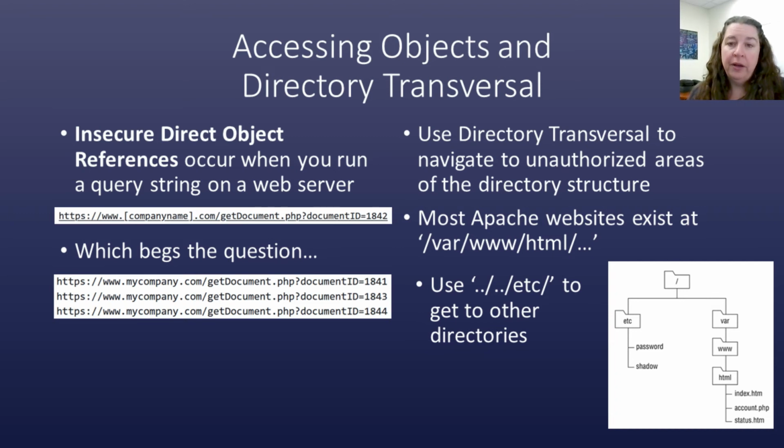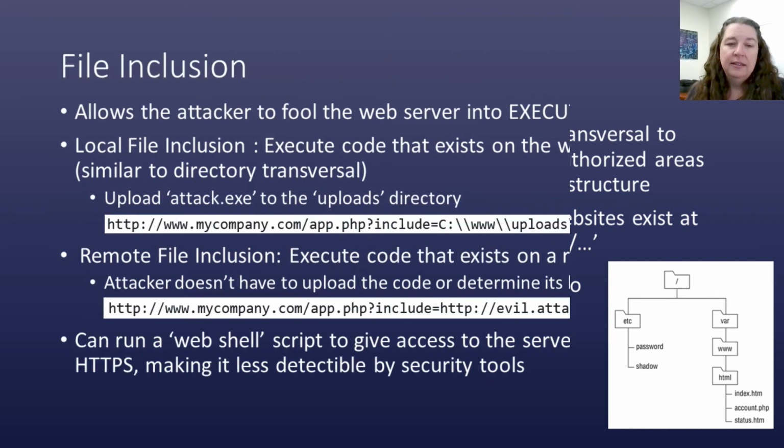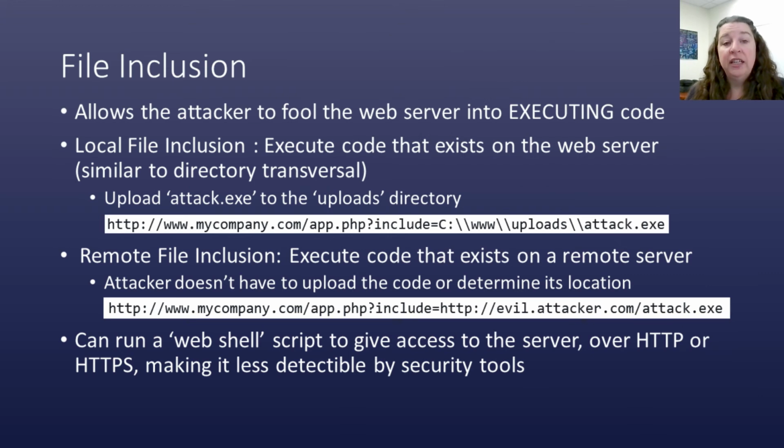And our last one for this is file inclusion, allowing the attacker to fool the web server into actually executing code by using an uploads directory or by using an include statement in a PHP command. Again, a lot of these are PHP-specific attacks, which is why some people are leaning away from PHP because there are such risks in using it. Local file inclusions allow the hacker to upload something to an uploads directory.